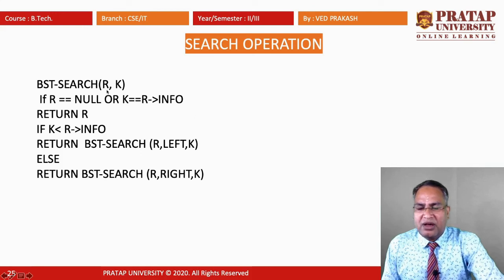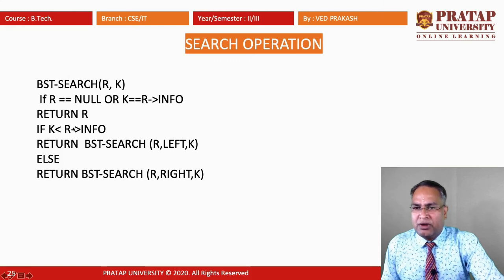So here R denotes the root and key is the element to be found. If the root equals null or the key value equals root info or root value, then we return the root. And if the key value is less than root info, it means the root value, then we have to move to the left hand side, and we again call the search procedure with root left and key.